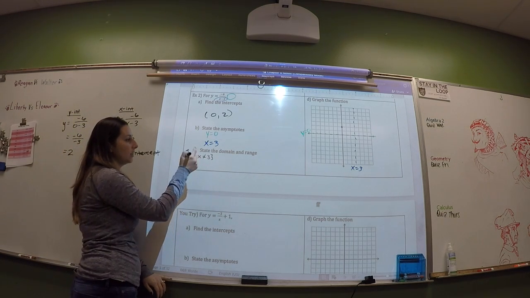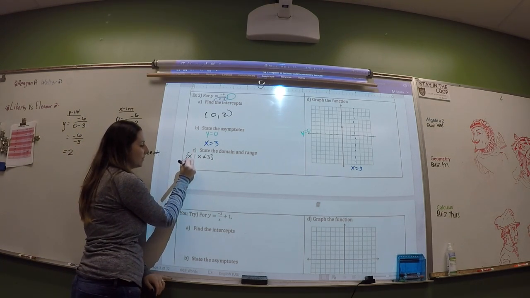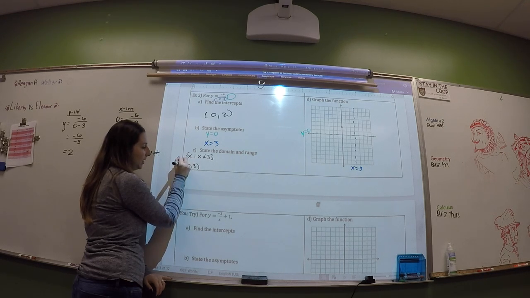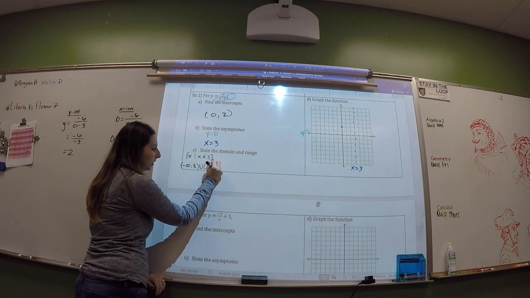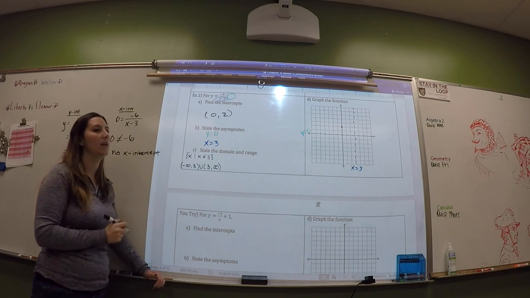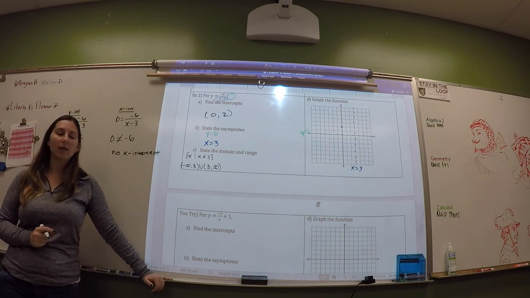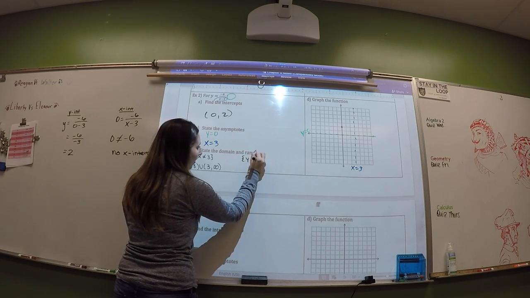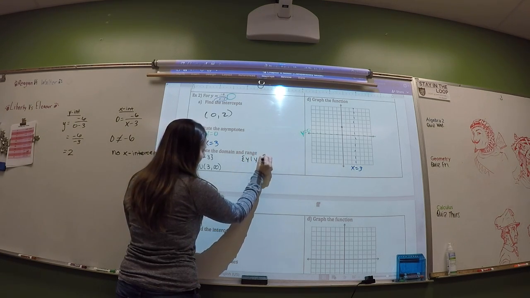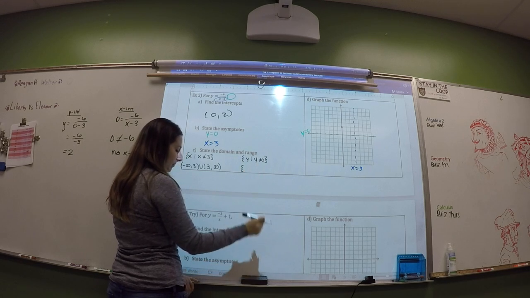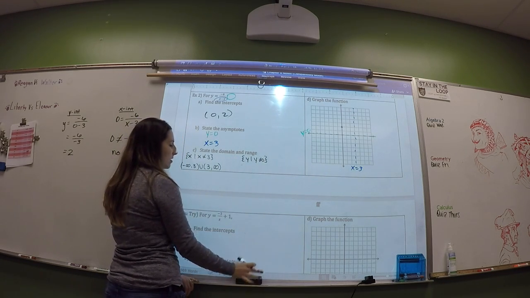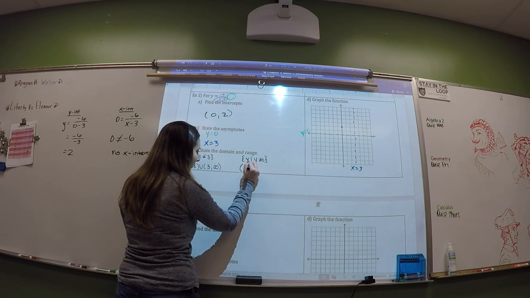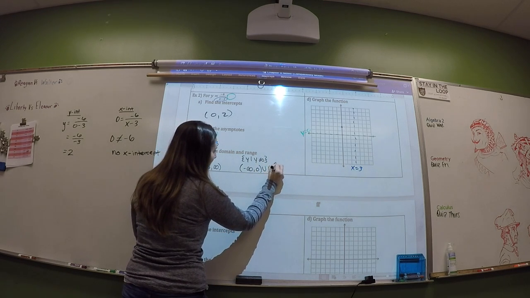So x cannot equal 3, or -infinity up to 3, and then the union of 3 all the way to positive infinity. That's our domain. And then our range is that y cannot be 0, or -infinity to 0, and then again from 0 to infinity.